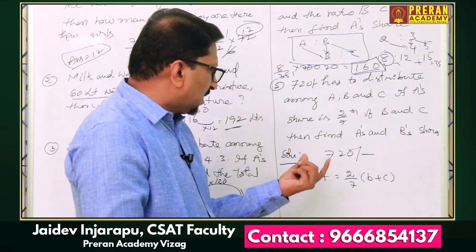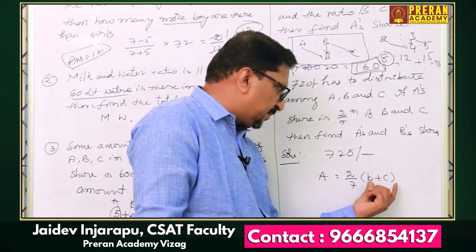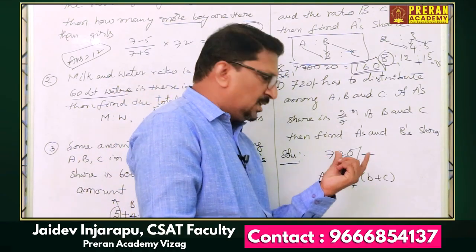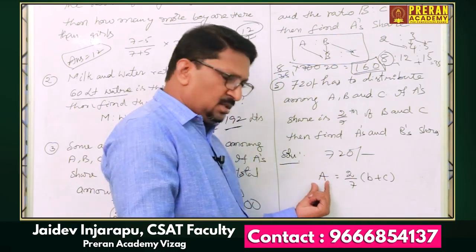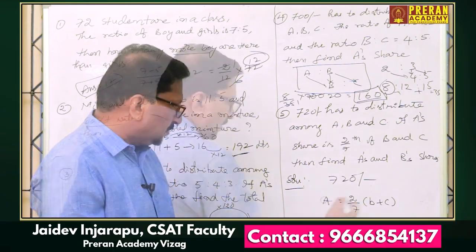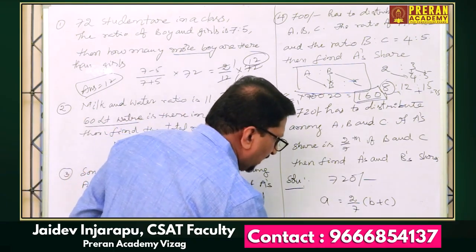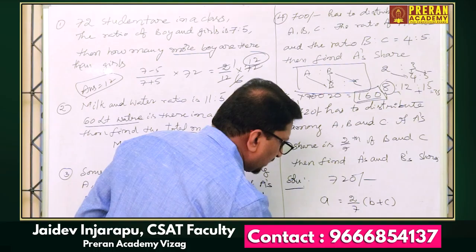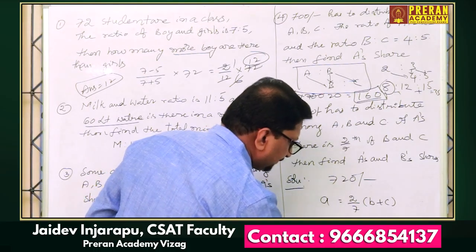That means whatever amount we get as B plus C share out of this 720, 2 by 7 of that value is going to be A. So we can write like this, A by B plus C is equal to 2 by 7.